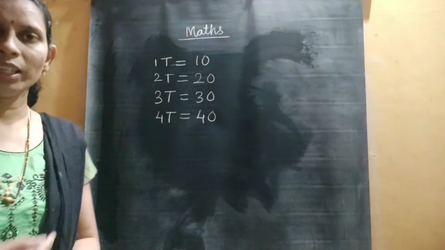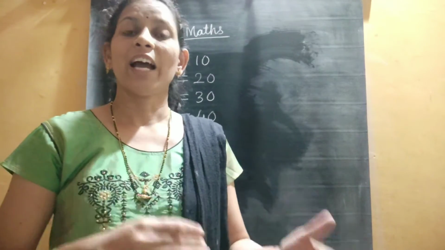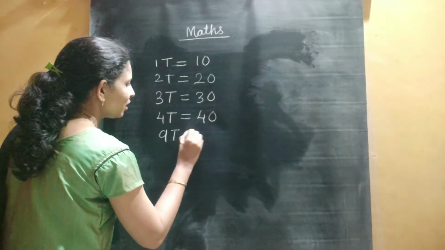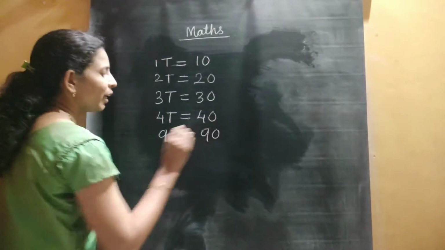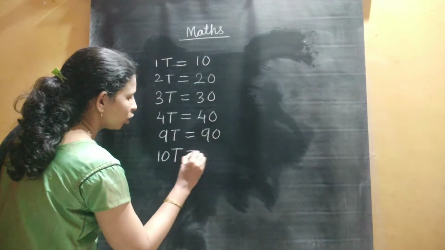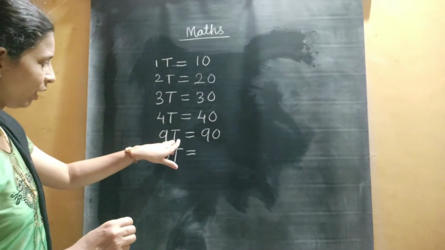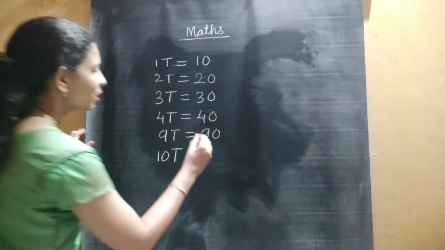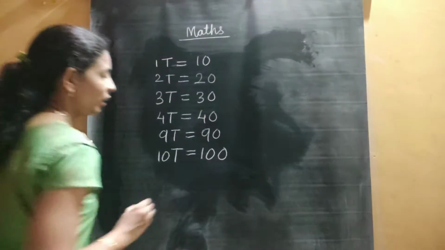Correct? In this way we write till 9 tens, which is equal to 90. Then 10 tens: if 9 tens is equal to 90, then 10 tens is equal to 100.